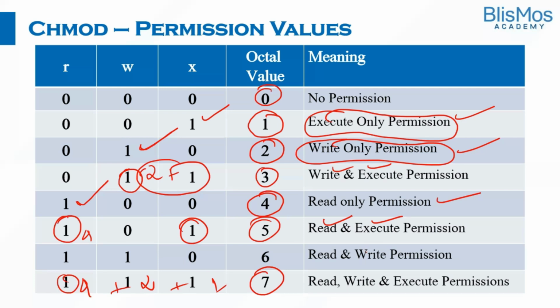It comes up to 7. It indicates read, write, and execute permissions are there for a file or a directory.